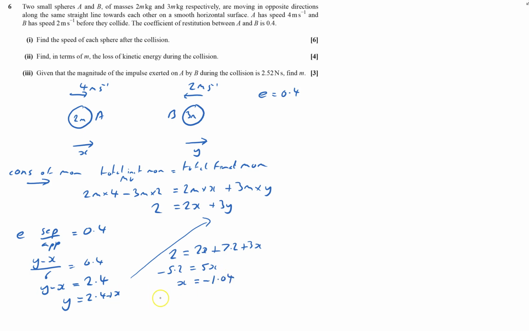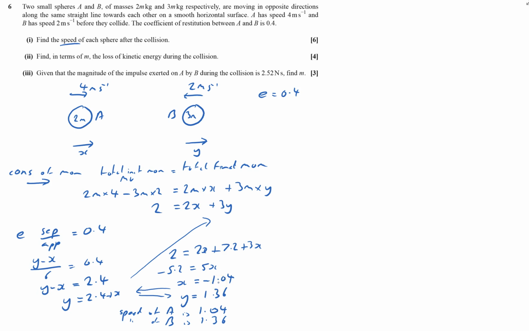Then putting it in there, y equals 2.4 minus 1.04, which will be 1.36. It wants a speed, so the speed of A is 1.04 and the speed of B is 1.36. The velocity is minus 1.04, but the speed is 1.04.